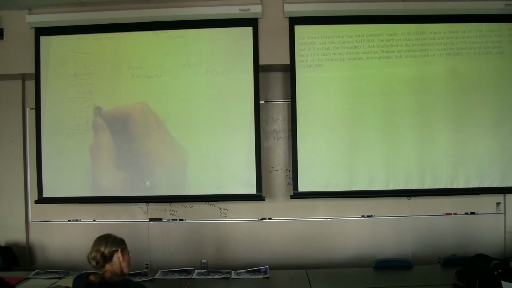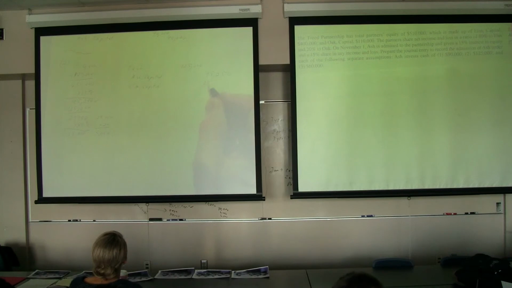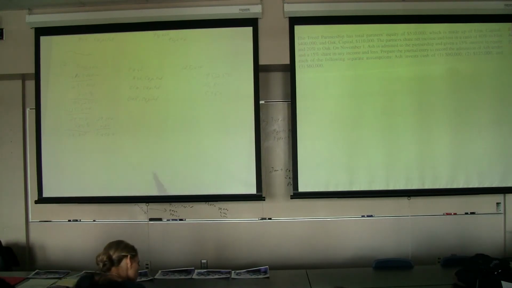Elm capital will be credited for the 23,800, so that's his share of the bonus to the old partners. And then Oak, capital, will be credited for 5,950. Does that make sense? You guys okay with that? And so this is a bonus to the old partners.